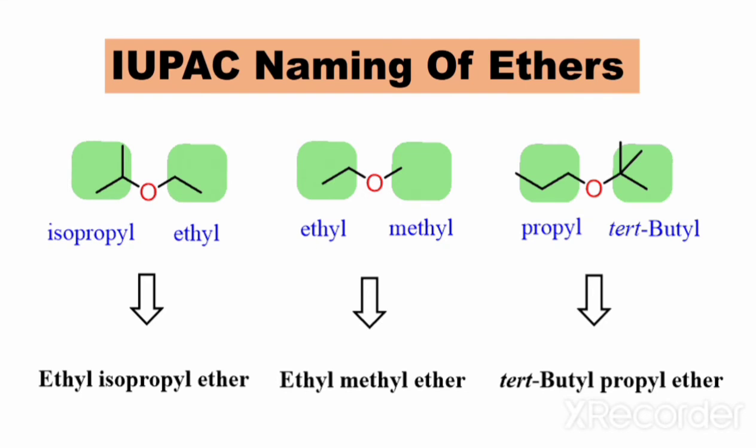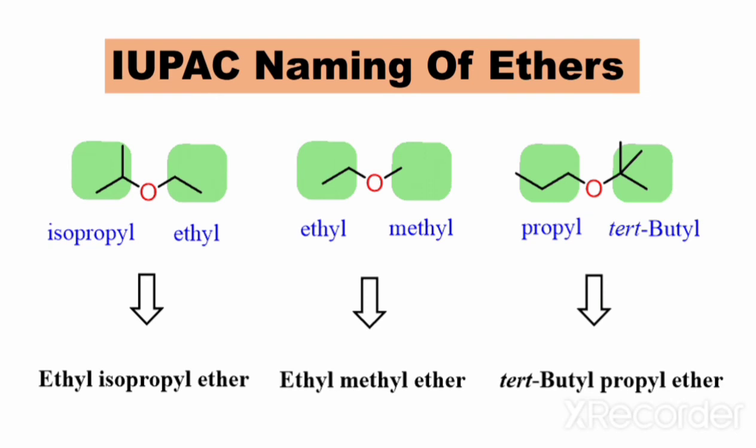We first find the smaller alkyl group, that is ethyl, which has two carbon atoms, and propyl, which has three carbon atoms, the larger number of carbon atoms as compared to ethyl. So we write ethyl first, and the other is isopropyl ether. So these are the naming of ethers.